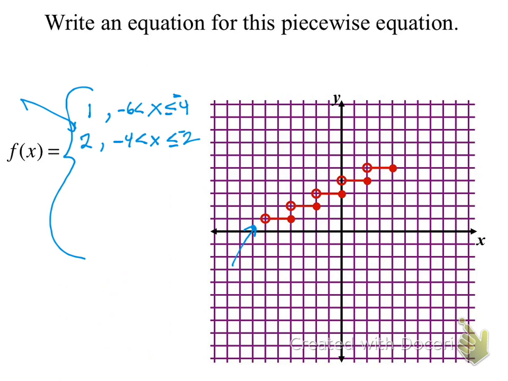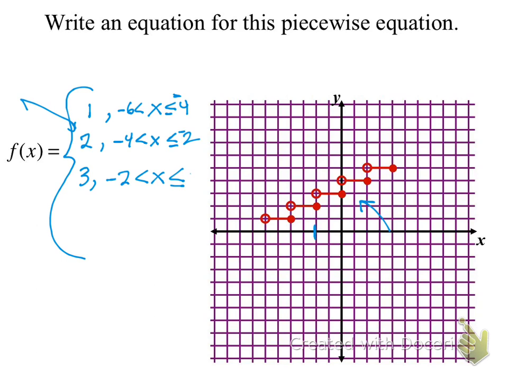So the next one, Nicole, what would I write for the next line right here? Right, it's 3, and it goes negative 2 less than x, which is less than or equal to 0. Now, when you're doing the restriction, you're talking about the x-axis number line.